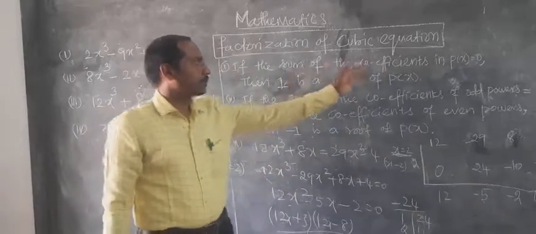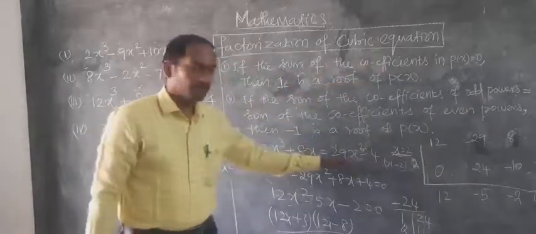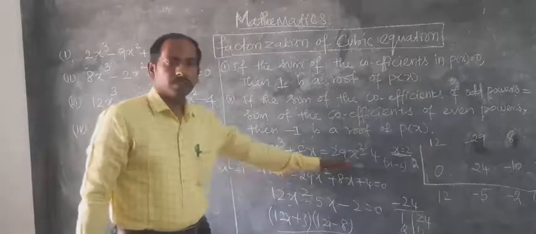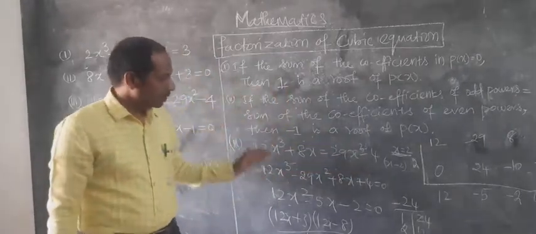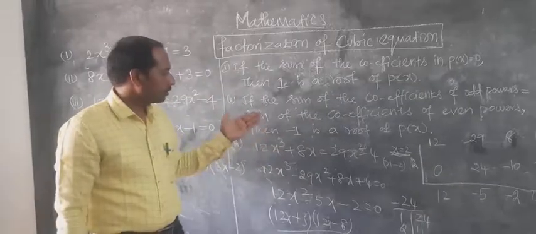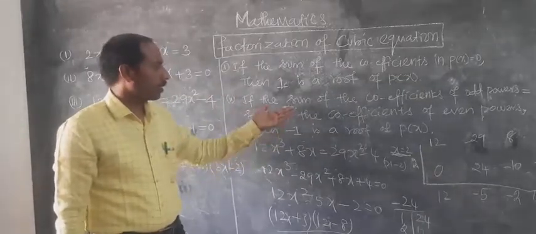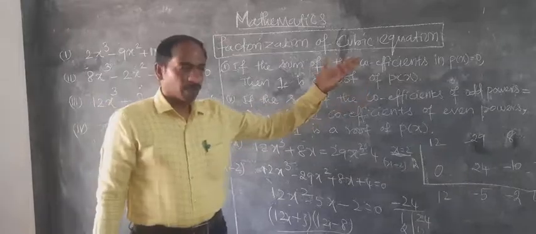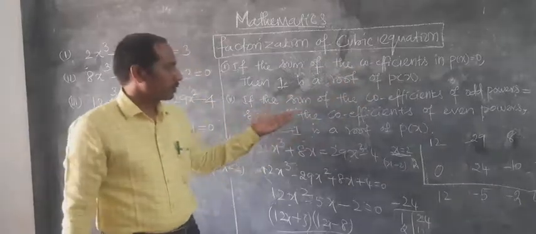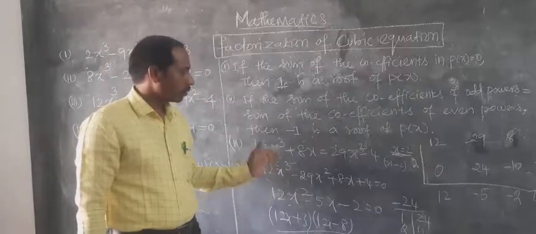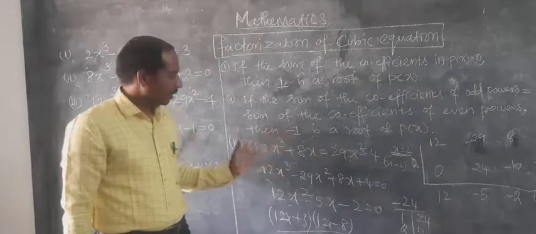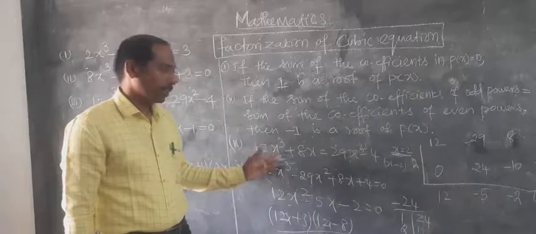So if the sum of all the coefficients is 0, then 1 is a root. Suppose 1 is not a root, you check the next point: the sum of the coefficients of odd powers is equal to that of even powers. If equal, you consider negative 1 a root of this polynomial or equation.